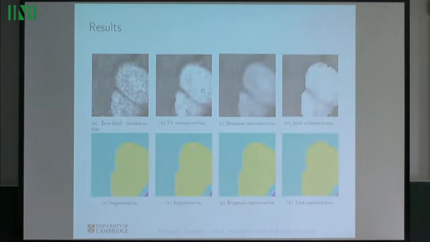If we look at a zoomed section, we can see that although the segmentations are actually quite similar, the reconstruction looks more clean, and more importantly, we can see that we have a reconstruction with enhanced edges.